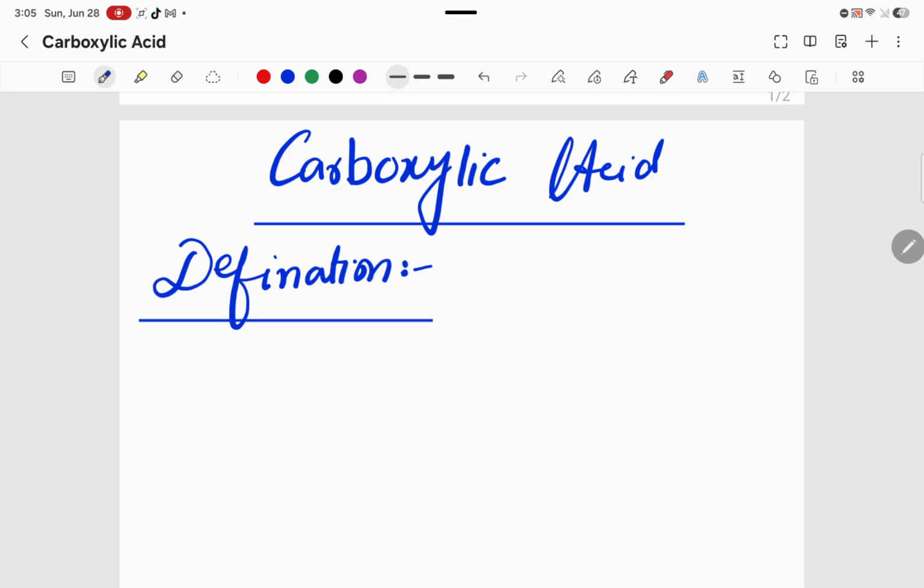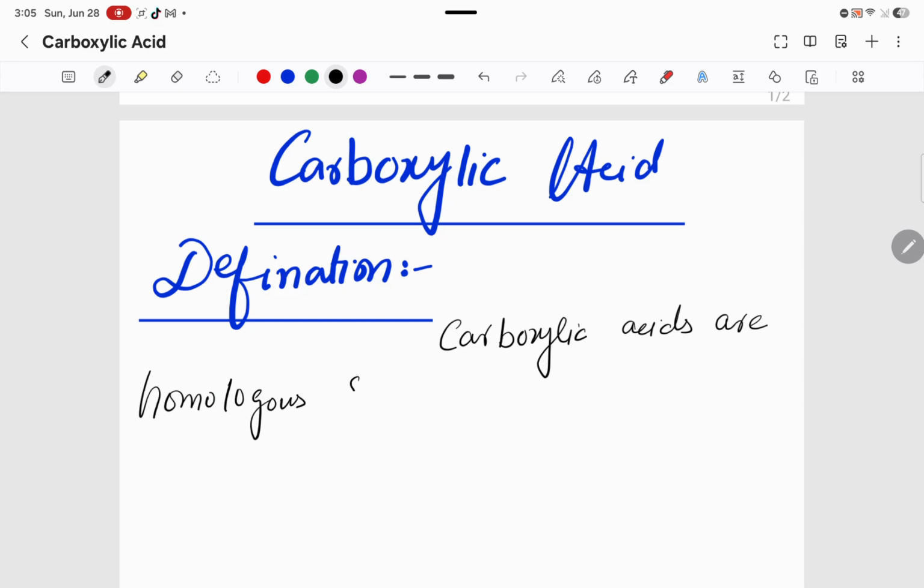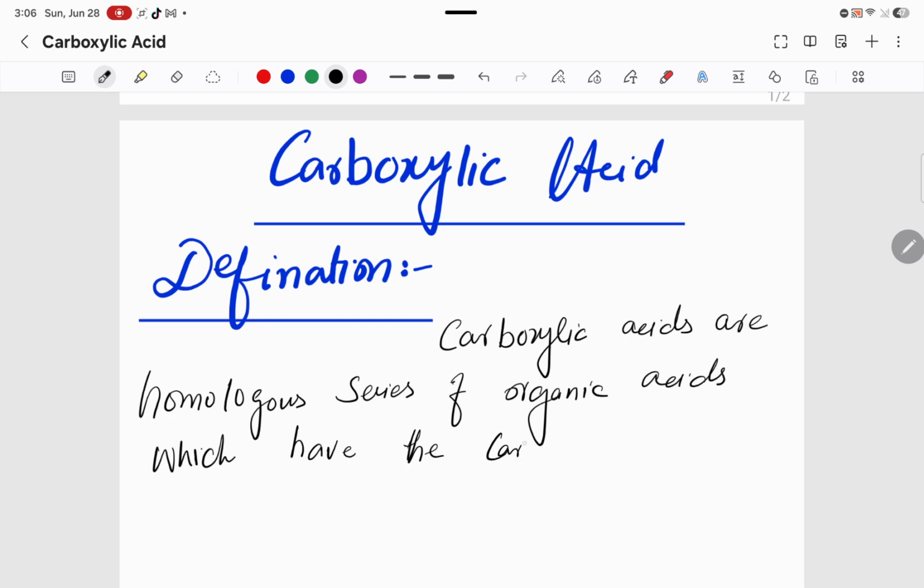So what is the definition of the carboxylic acid? Carboxylic acids are basically a homologous series of organic acids which have the carboxyl, what is that?